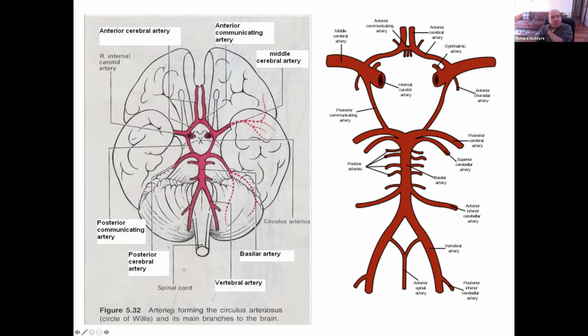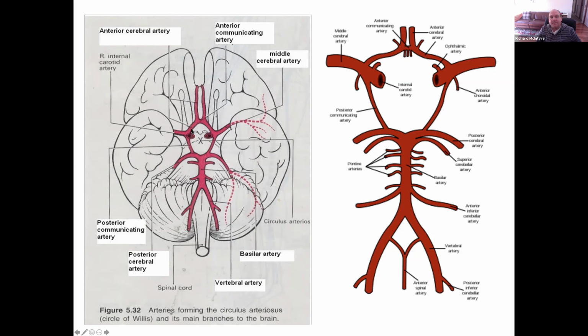So we have the right and the left internal carotid arteries. We know we have the common carotid up our neck, we have internal that goes to our circle of Willis, and we have external that goes around our brains and delivers blood to structures like the face, maybe our ears and around the skull, meninges, I think. We have our posterior communicating arteries. Our anterior cerebral artery actually starts here.